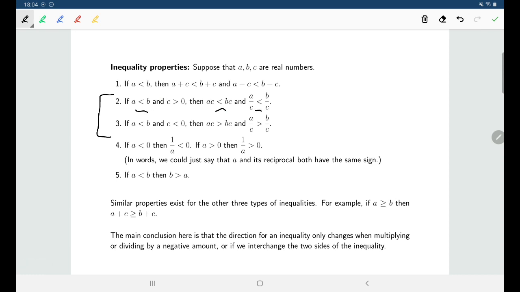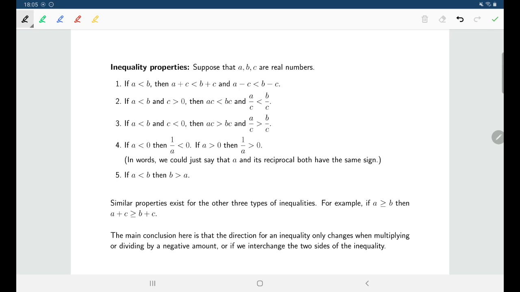So if you start with a less than, it'll stay as a less than. On the other hand, if you were multiplying or dividing by some number that's negative, notice that that changes the direction of the inequality. That if you started off with a less than b and you multiplied both sides by a negative number, it would now change to a greater than. Or if you divided, it would also change to a greater than.